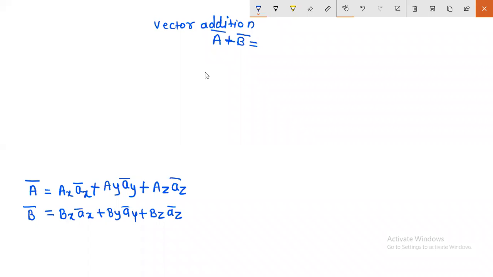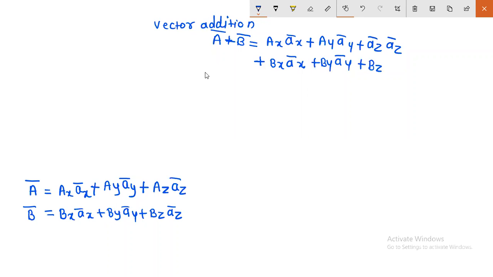So ax into unit vector a bar x, first vector A bar, plus ay a bar y and plus az a bar z. Okay, plus vector B bar is bx a bar x plus by a bar y and plus bz a bar z.